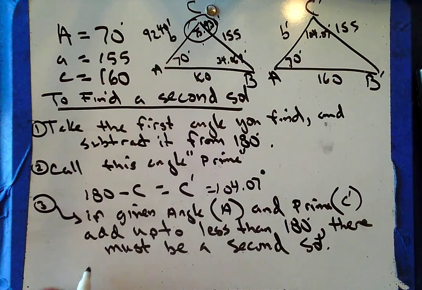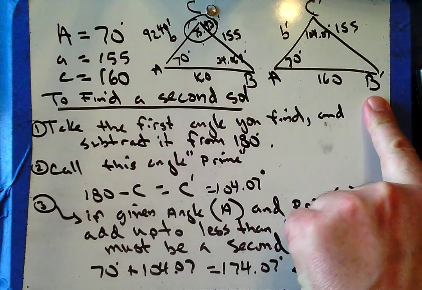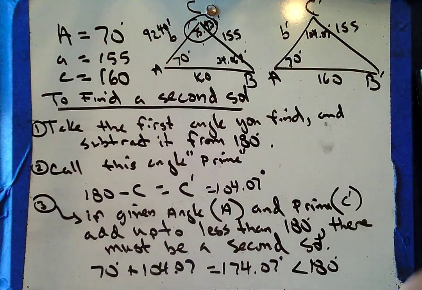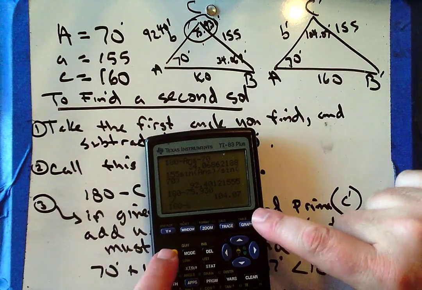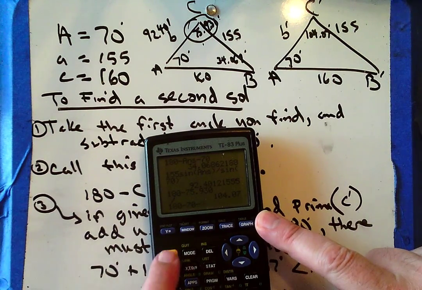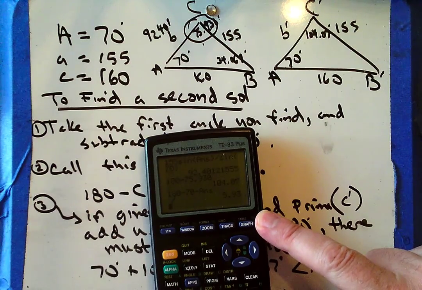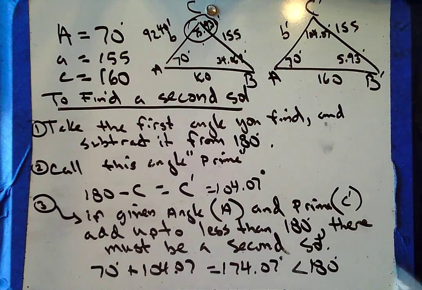If I take that given angle plus the prime that we just found, I get 174.07 degrees. This is less than 180, which tells me there's room for a B prime up here. To find that B prime, I'm just going to do 180 minus that 174.07, minus the given angle minus the prime angle that I just found. And I get 5.93 degrees. Okay?